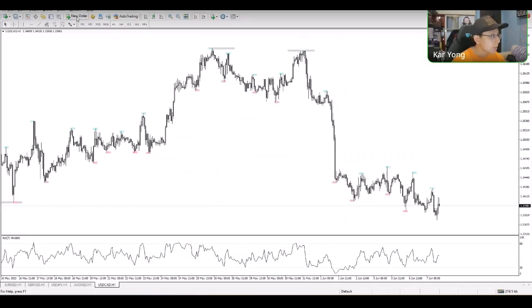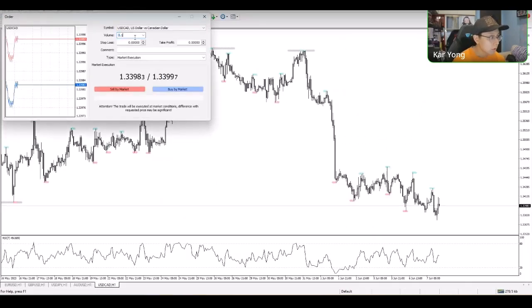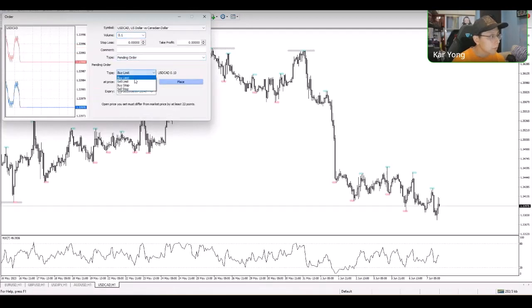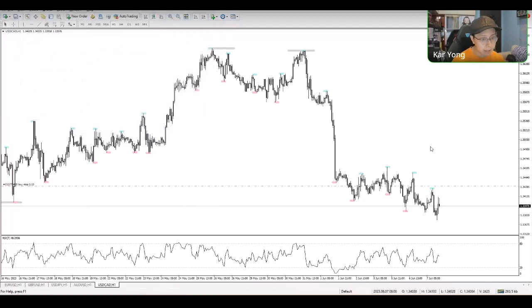So basically what I can set out on this is 0.1, a breakout trade at 1.3430, and then we'll place that. Okay, and then what will happen over here is I'm not using a hard stop loss, but I'm using a technique called the hedge.